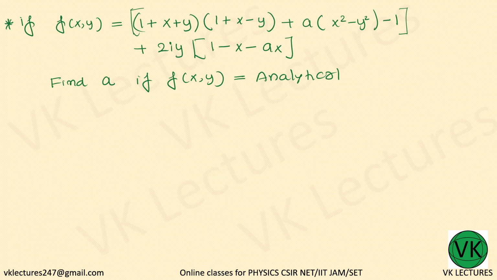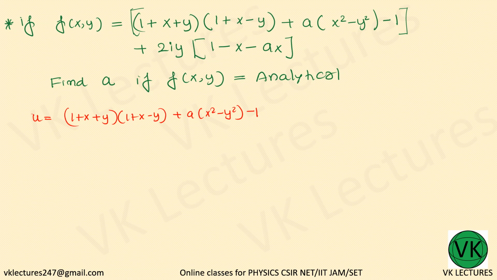Okay. So here f of x y is given. We have to find a. There is a in both u and v. So find a if f of x comma y is analytical. Now u is equal to 1 plus x plus y into 1 plus x minus y plus a times x square minus y square minus 1.